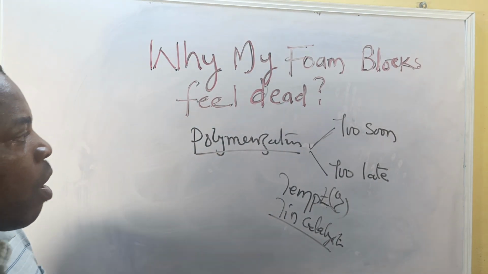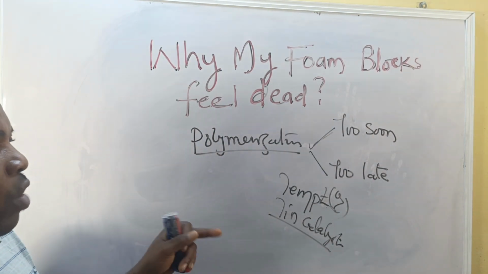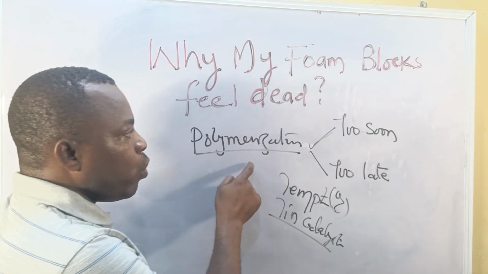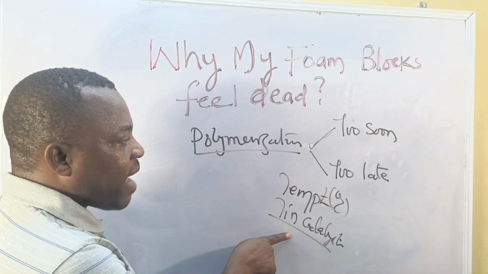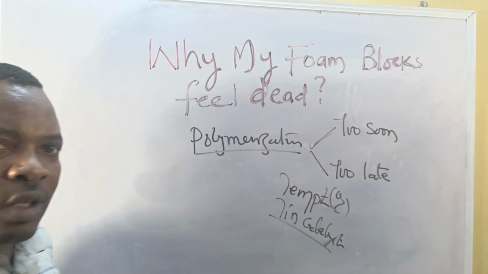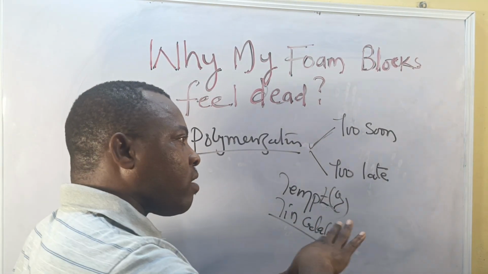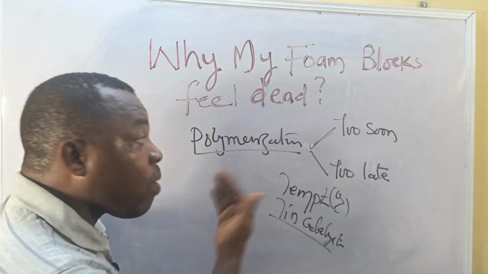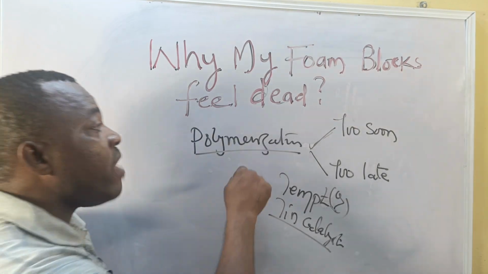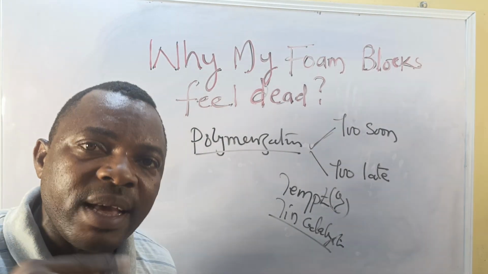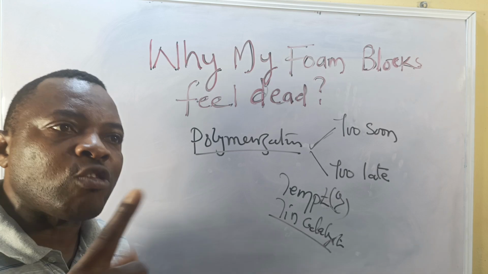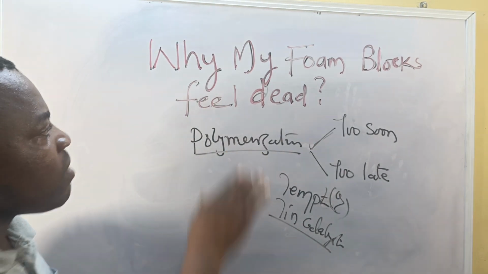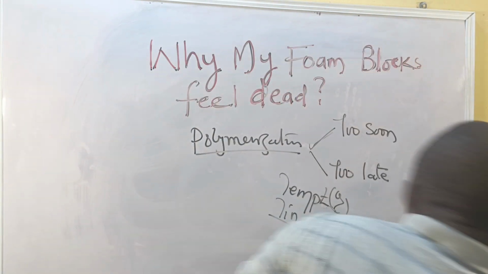Because of variation in temperature, if you have a high temperature, you will notice this. If you have a heightened catalyst in your reaction, you will notice it. If you set the four-place setting of your foaming plant wrongly, you may also have this. If the mixing of your reaction is not well synchronized, you may also have this.